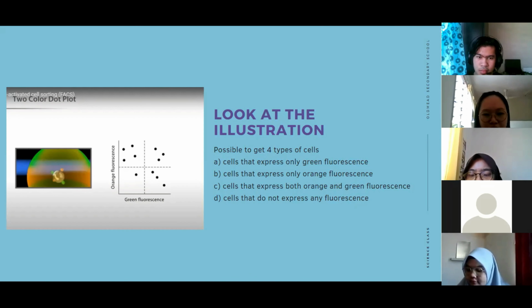Other than that, like for example, cell A, which is the cell that is only expressing green fluorescent, it will not produce functional monoclonal antibody because the gene on the light chain is not expressed.